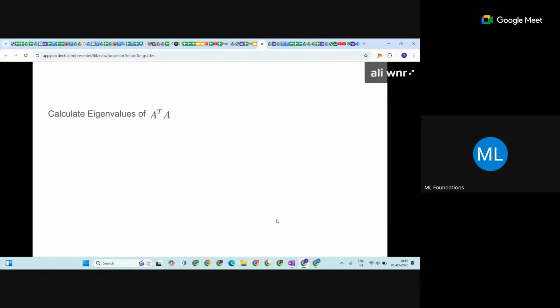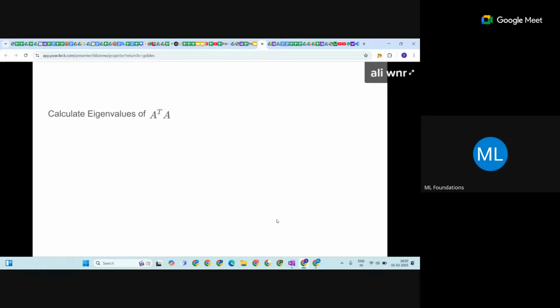Can anyone tell directly whether an eigenvalue is going to be 0 or not? The eigenvalues are 0 and 7.